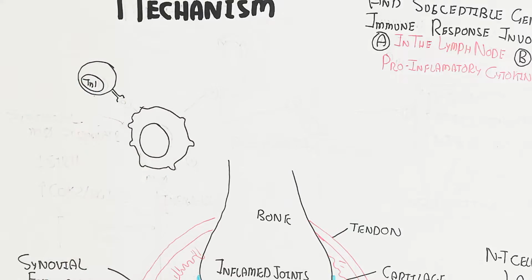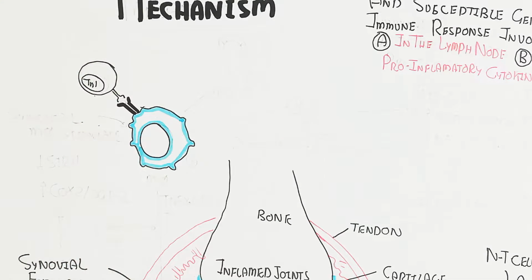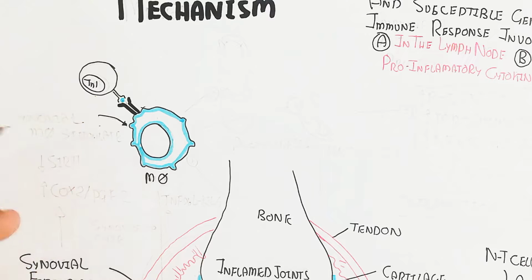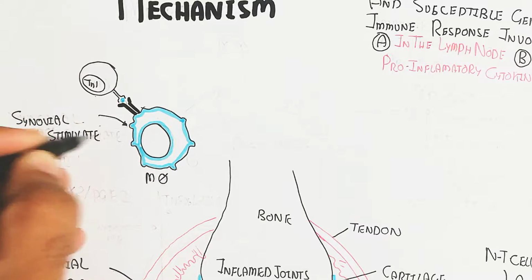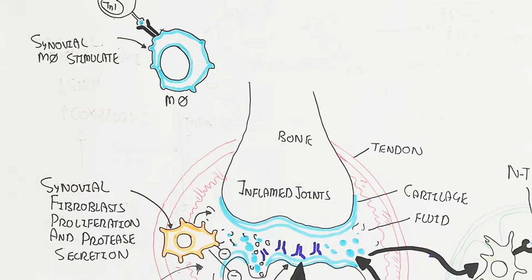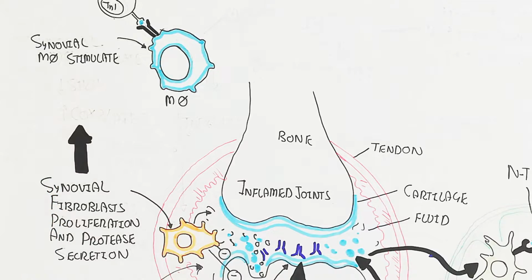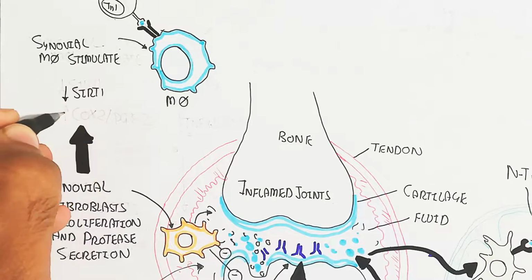Anyhow, the synovial macrophage is also present in the synovial fluid, and it recognizes through the T helper 1 cell through the antibody. The antigen is the cartilage. So the synovial macrophage is stimulated by the recognition to release tumor necrosis factor alpha and interleukin 1 and 6.